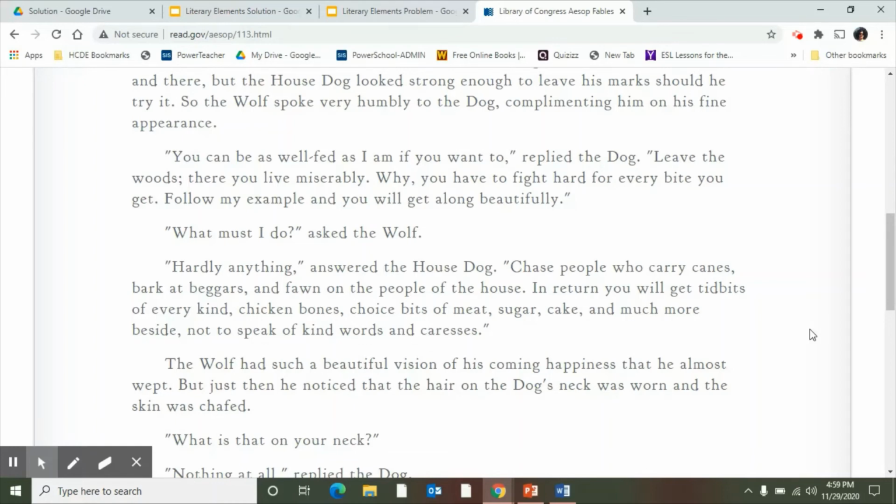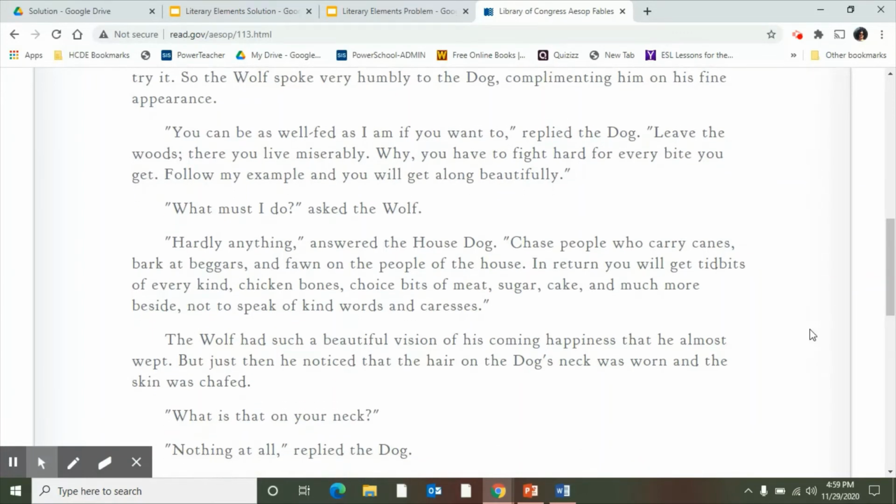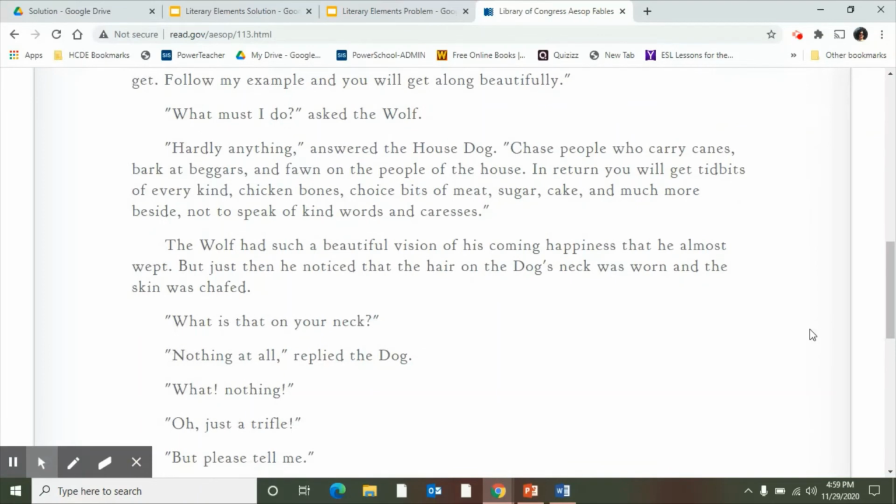The wolf had such a beautiful vision of his coming happiness that he almost wept. But just then he noticed that the hair of the dog's neck was worn and the skin was chafed. "What is on your neck?" "Nothing at all," replied the dog. "What? Nothing?" "Oh, just a trifle. But please tell me."